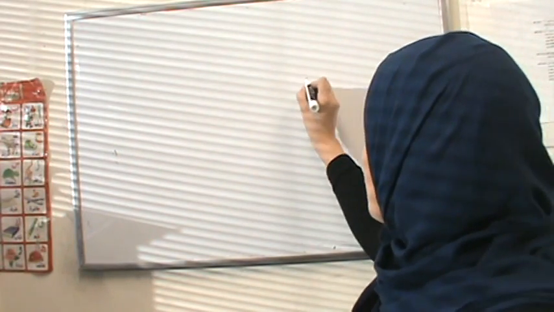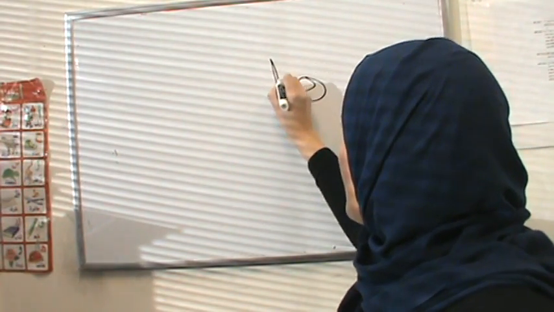Is he working? Do you eat? Do they work? Every time you have to ask a question where you are expecting an answer of yes or no, this is how we ask.